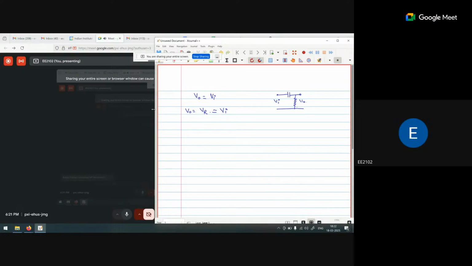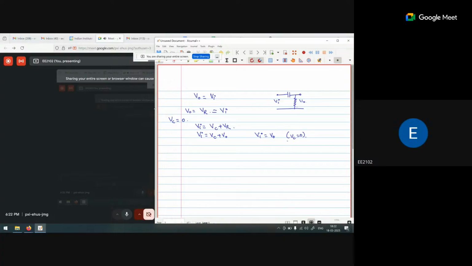Then Vc is almost 0, because V in is equal to Vc plus Vr, and Vr is V out. So if V in is equal to V out, that means Vc is approximately 0.